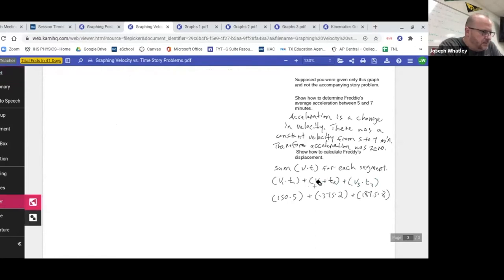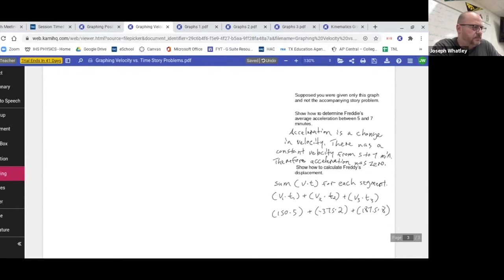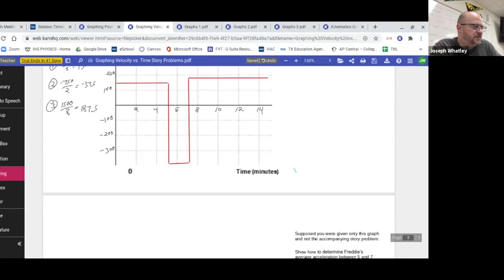I did this right before first period, so it teaches me not to do anything at the last minute. All right, this should be a times. There we go. So you're basically going to get the velocities for each segment times time, and then add those up. So I had a positive one, a negative one, and a positive one, because velocity times time is displacement.